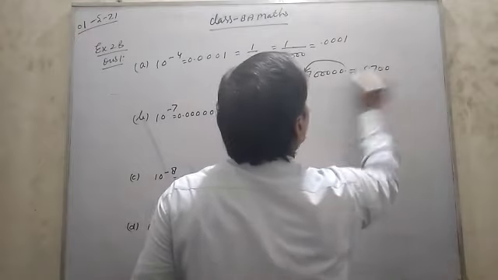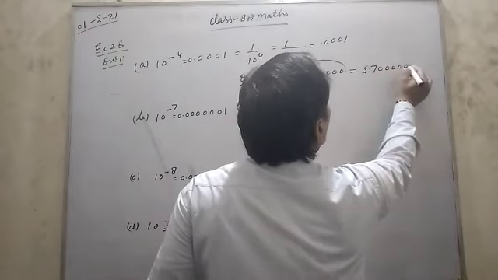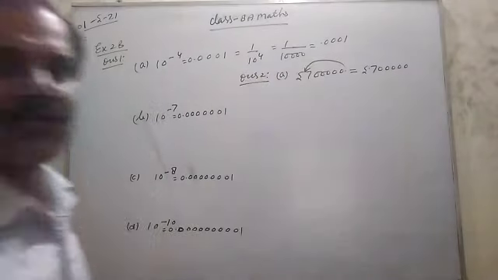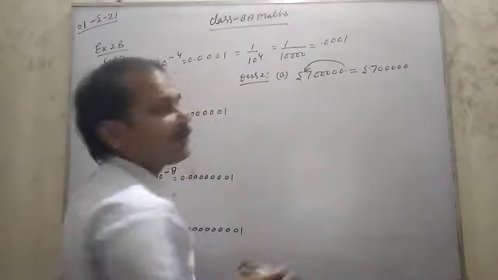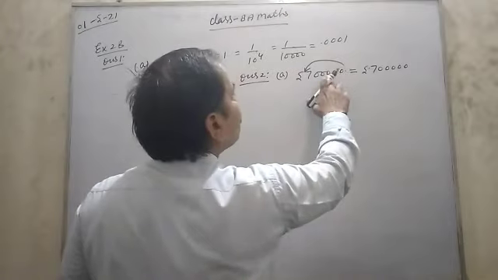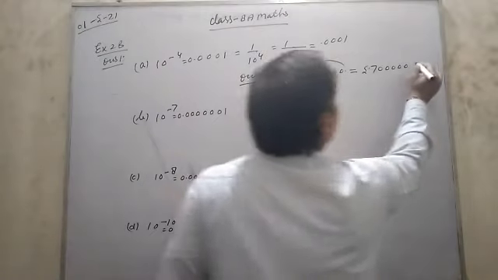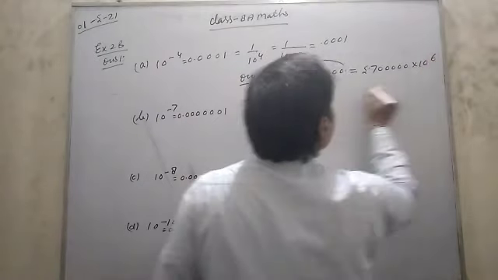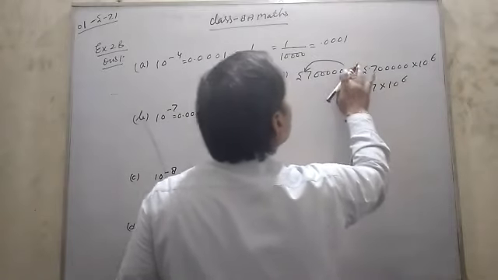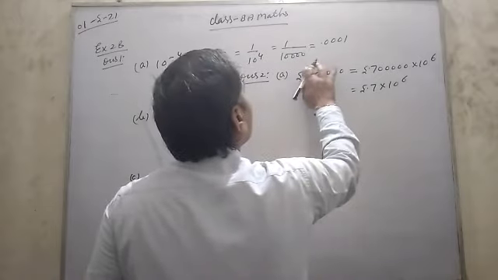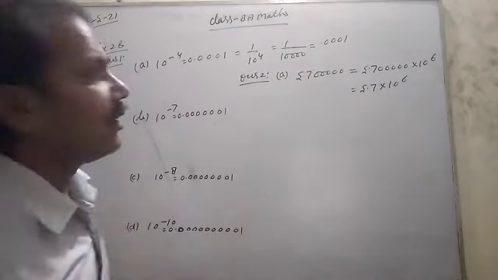The remaining zeros you can write, or if not written also no problem. How many digits did you shift to the left-hand side? 1, 2, 3, 4, 5, 6. So 10 to the power 6. That means 5.7 into 10 to the power 6. Like this you have to do.